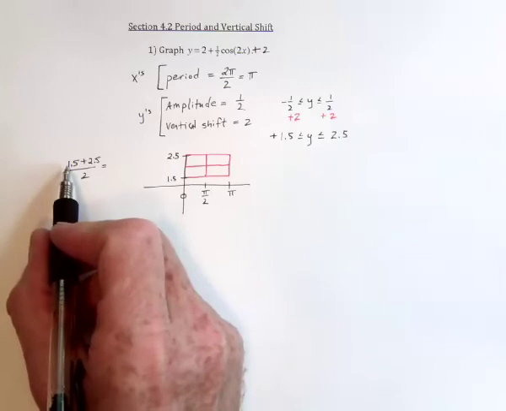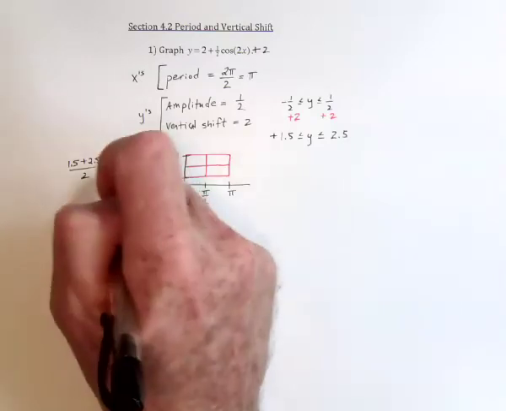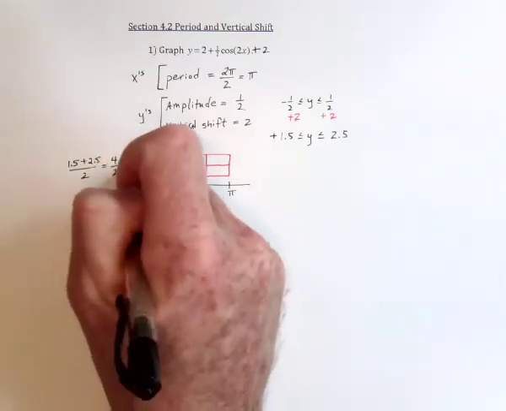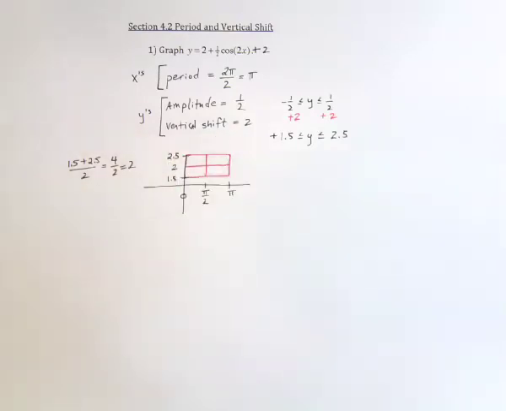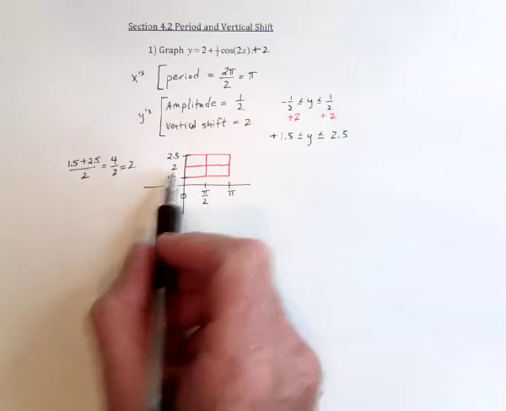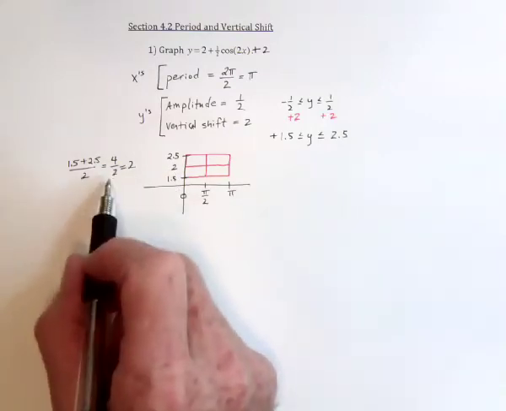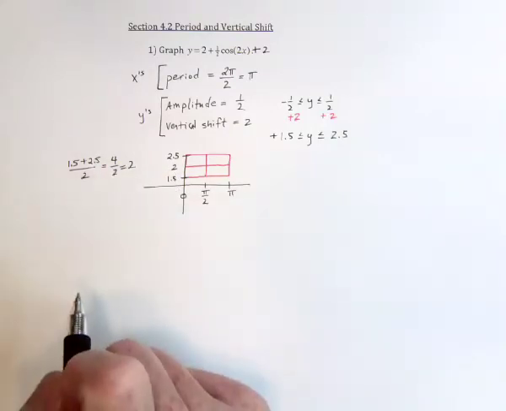So that's going to be 4 divided by 2, so it's a 2. And of course, if you can just look at a 1.5 and 2.5 and say, yeah, I'm pretty sure that's a 2 in the middle, go ahead and do that. Otherwise, you can always just find the average.